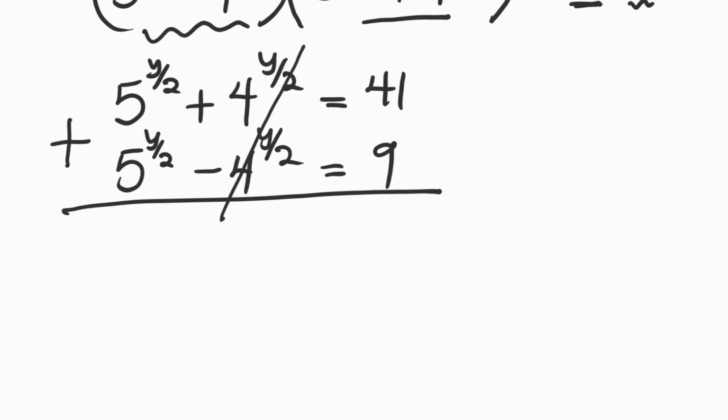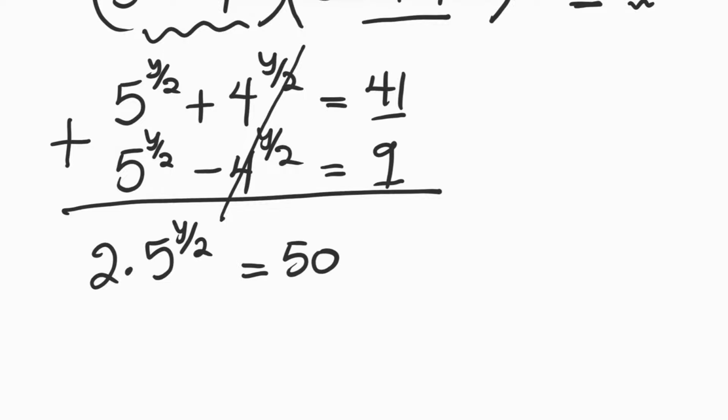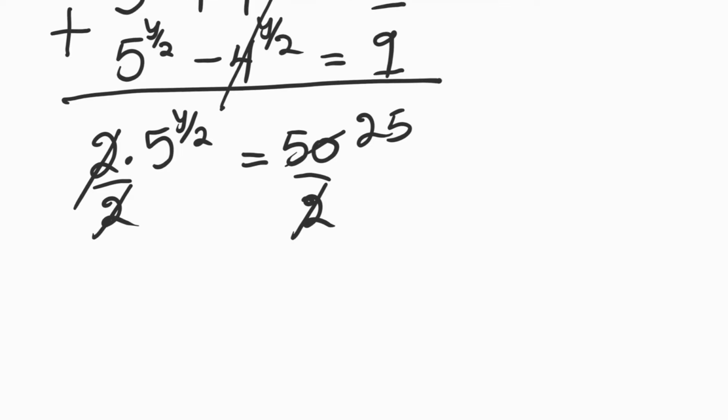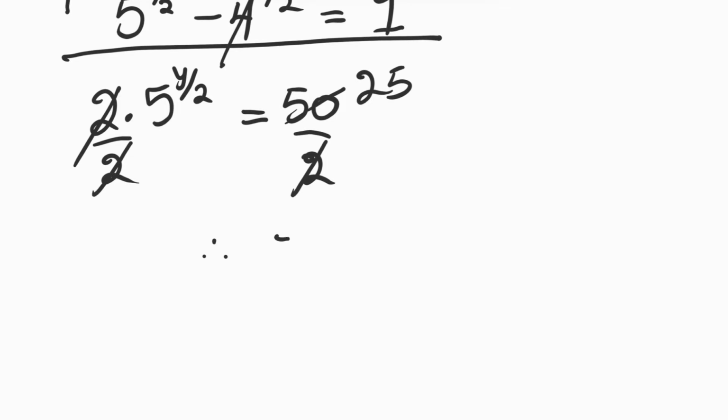What we have is 2 times 5 raised to the power y over 2 equals 41 plus 9, which gives us 50. Now, we can divide through by 2, and we get 25 on the right-hand side. So we have that 5 raised to the power y over 2 is equal to 25.